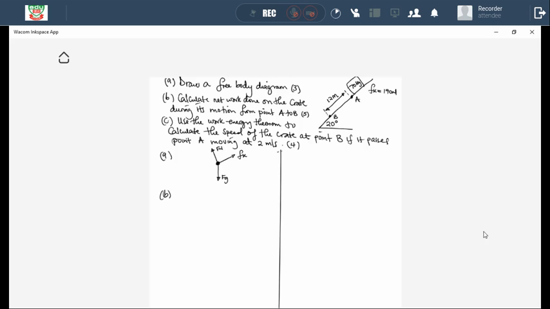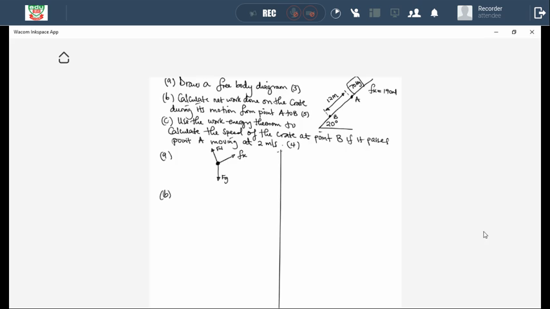Now we are left with the first 2 options. We can calculate work done by Fg and then work done by friction, and add the 2. Or we can use the F net. If I am to use the F net, I have to resolve my Fg into its components so that it becomes easy for me to get the F net.